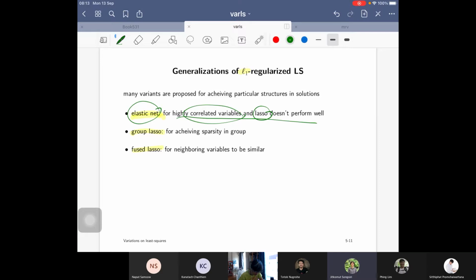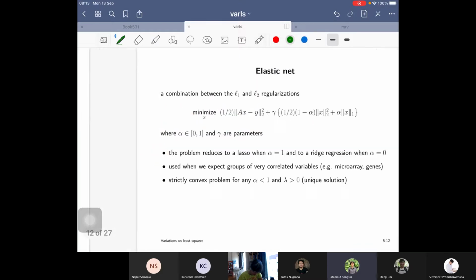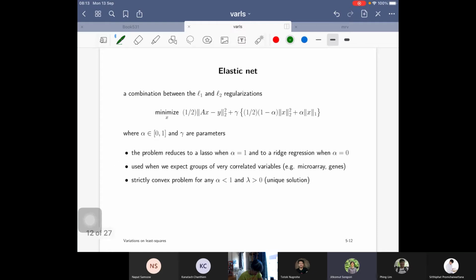Group lasso is an extension of L1, or the lasso, in the sense that now we would like to promote sparsity as a group in a vector. For fused lasso, the sparsity is not promoted in the entries of x, but in the difference vector of x, as we will see in detail. First, let's talk about elastic net.